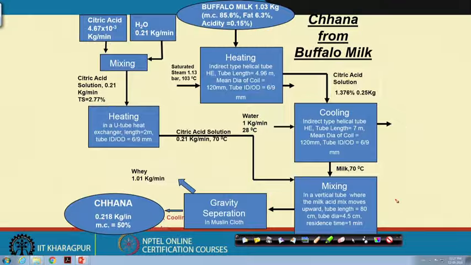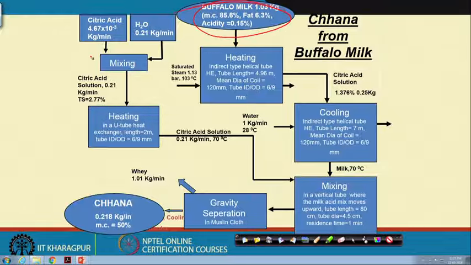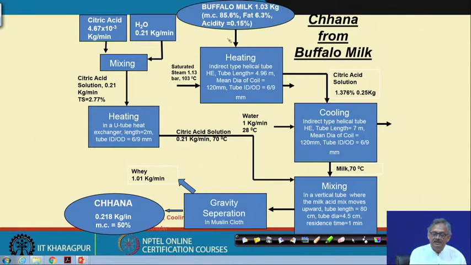So, we took buffalo milk, 1.03 kg, and that contains 65.6% moisture and 6.3% fat, and its acidity level at that moment was 0.15.